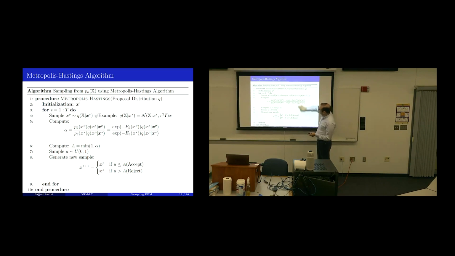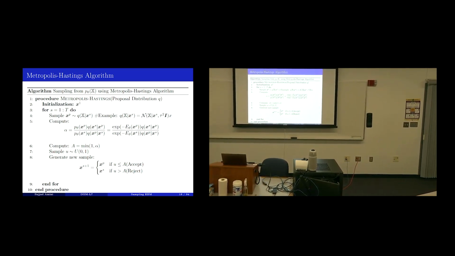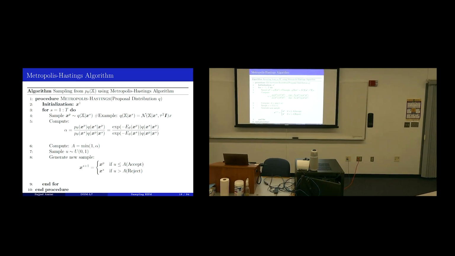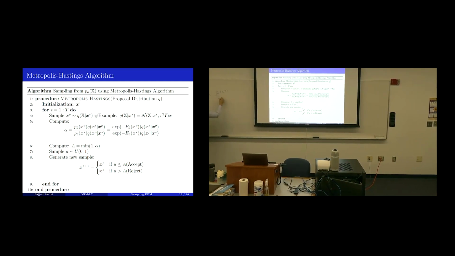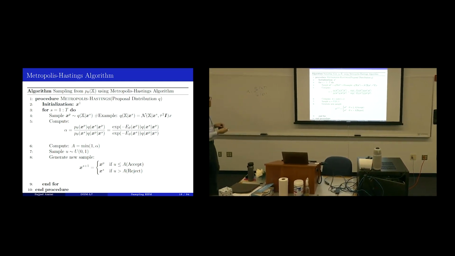Let's focus on just the first part. Assume that I select alpha to be p theta of xp over p theta of xs, and I do not want to work with q.